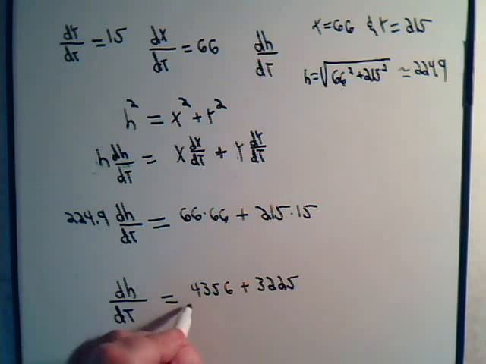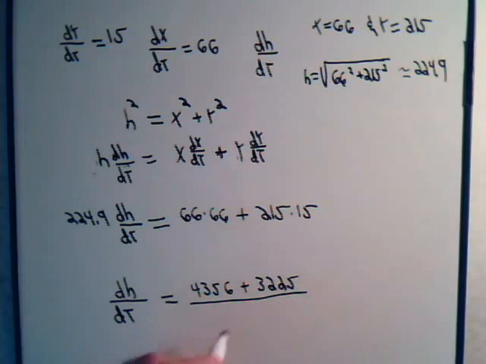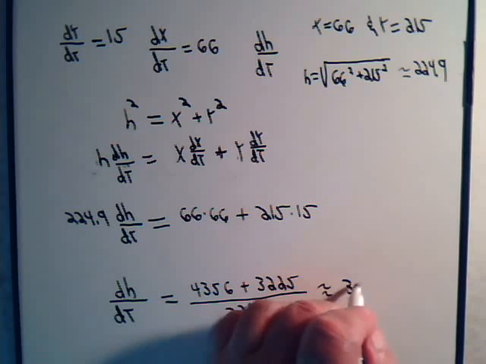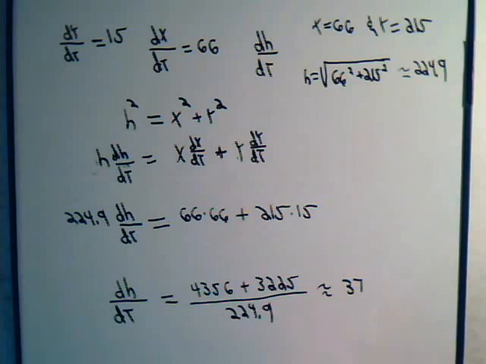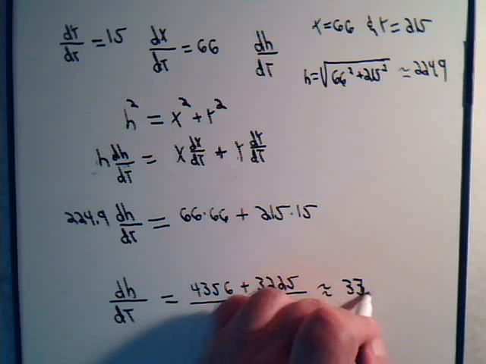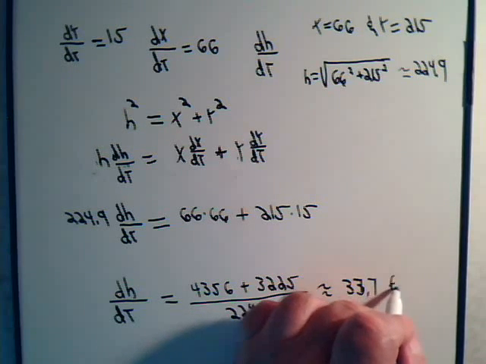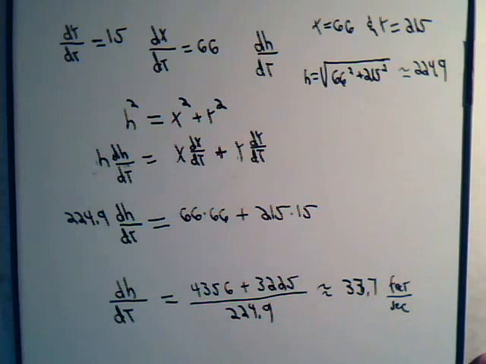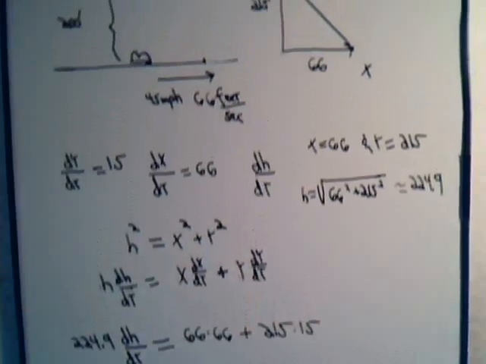And we want to divide it by this, 224.9, and that's approximately equal to 33.7 feet per second. And that's the solution.